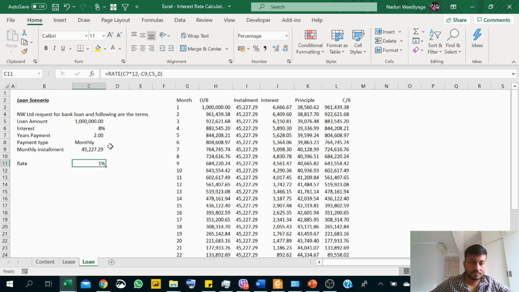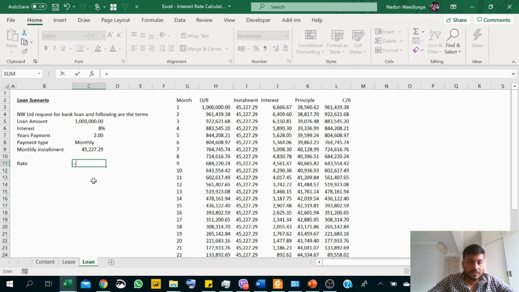So let's quickly calculate the rate, which is the interest rate that you're paying. In here the number of payments is 2 years, but that is in years, while we are paying monthly.